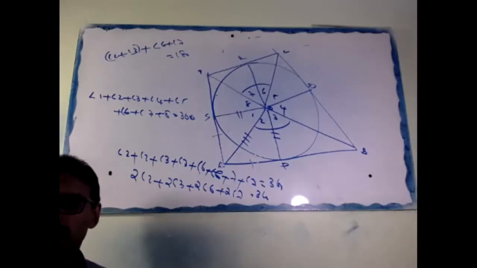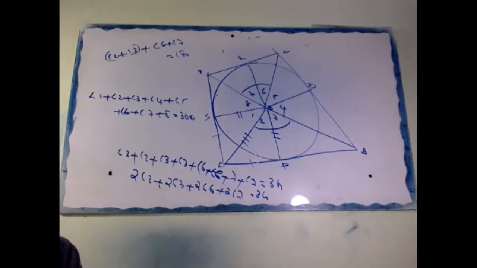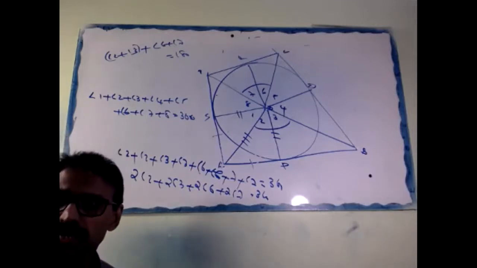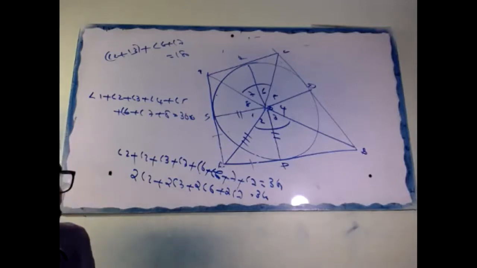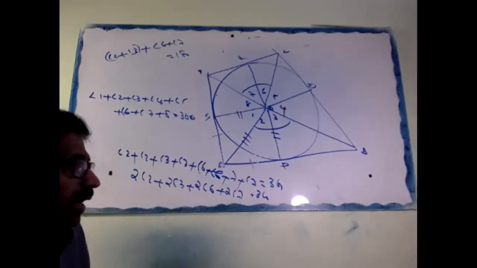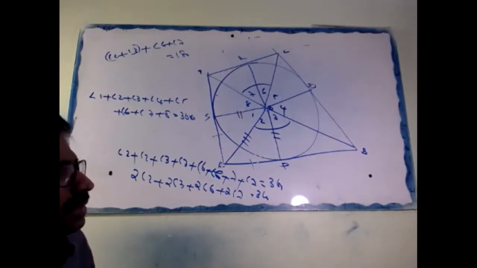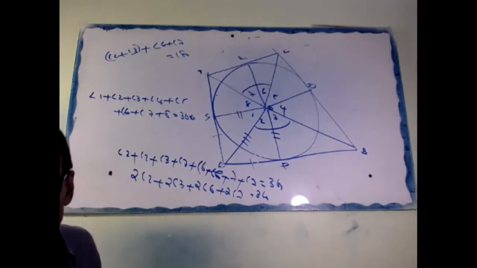Listen, you know that AOB plus BOC plus COD plus AOD is 360, correct? Angle AOB plus angle BOC plus angle COD plus angle AOD is 360 degrees.